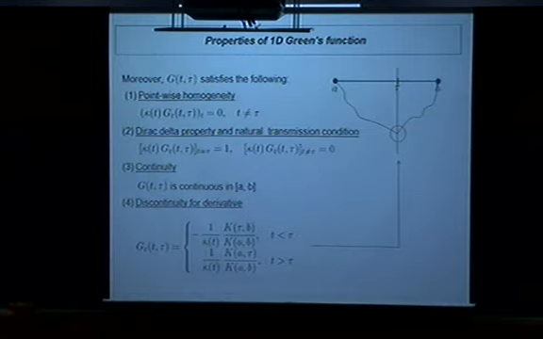It is homogeneous, and in this property, tau is the singularity point. It is continuous in general, and the derivative discontinuity occurs at the singular point tau here. So these are just the simple properties of the 1D Green function.